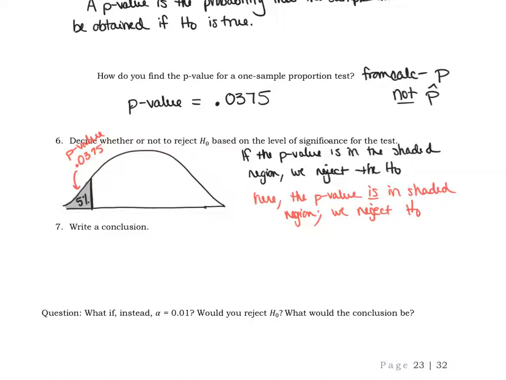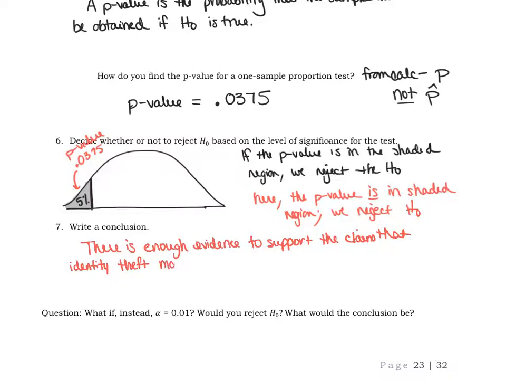So what is our conclusion? We would say there is enough evidence to support the claim that identity theft makes up less than 23% of consumer complaints in Alaska.